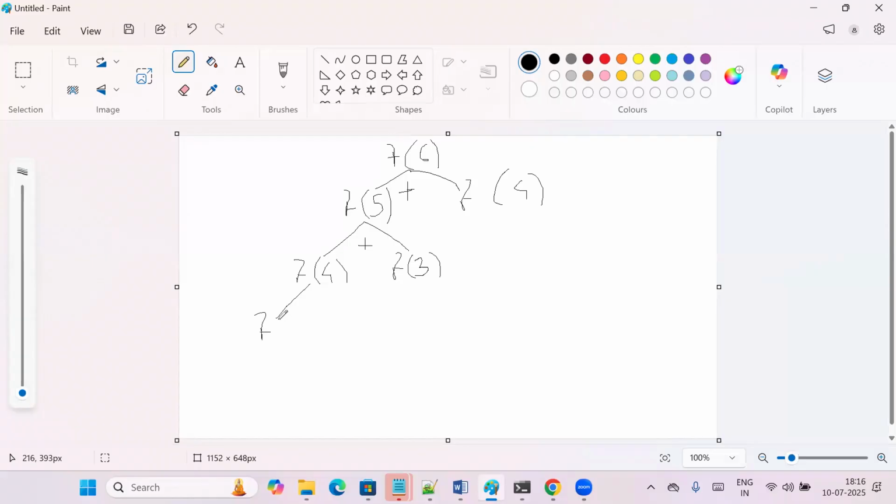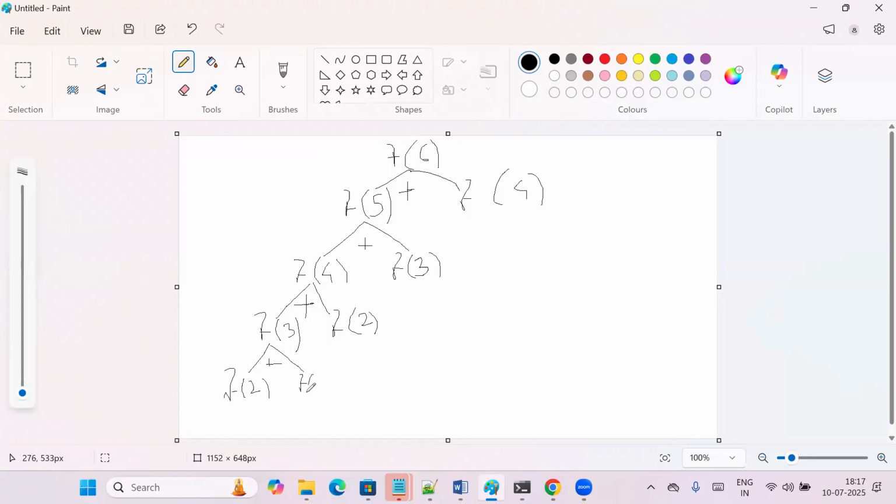So f of 3 and f of 2. So you are getting here f of 2. Here also plus. Correct? For this f of 3 also again you have f of 2. Correct? N minus 1, guys. And you are getting here f of 1 plus, here you will get f of 1.